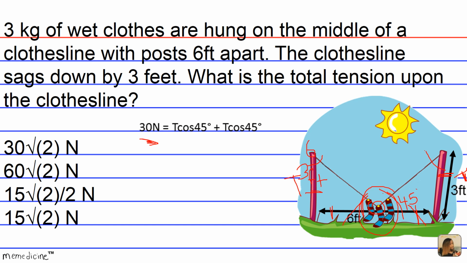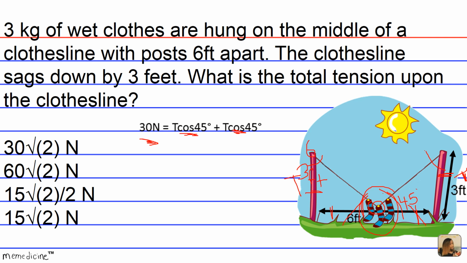Remember, the tension is being split in half because we have 2 posts holding up the clothesline, okay? And the times the cosine of 45 degrees. And we're doing this twice because we're splitting the tension in half between these 2 posts, okay? All right, and you could have easily used the sine of 45 degrees.